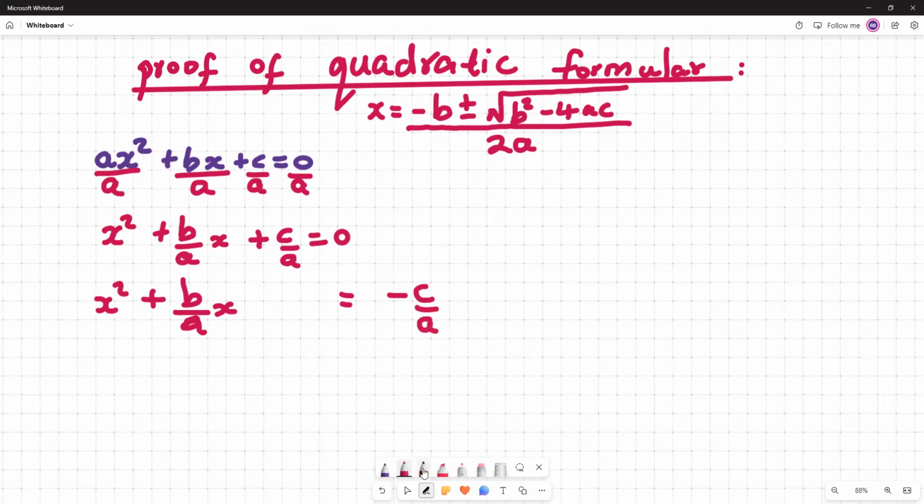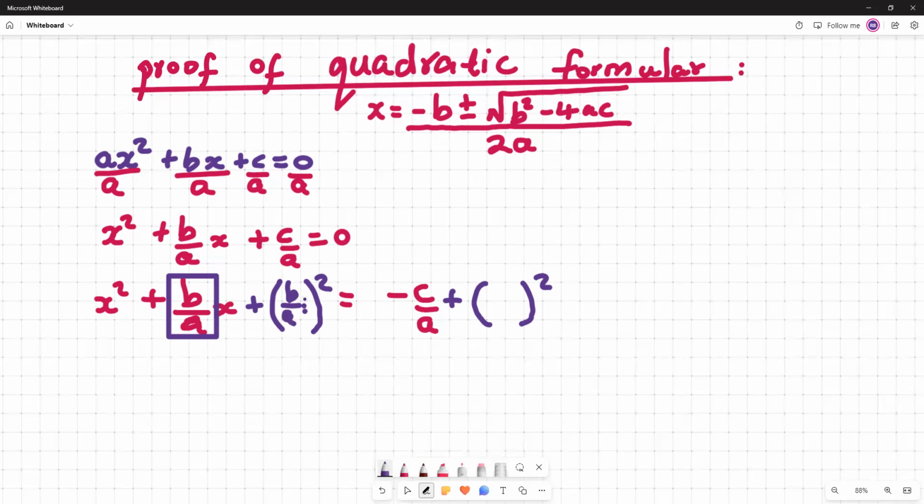Okay. And then here, ladies and gentlemen, the third rule is you have to add to both sides so that you don't change the meaning of the equation. Then you add bracket squared, you add bracket squared. Then the rule of thumb is this: you take your b. Remember, this is our b in this case, this part here. So we're going to have b over a divided by 2.